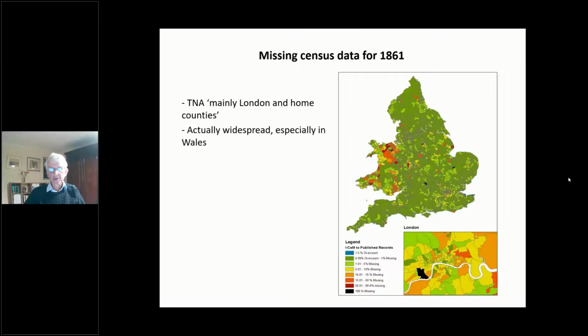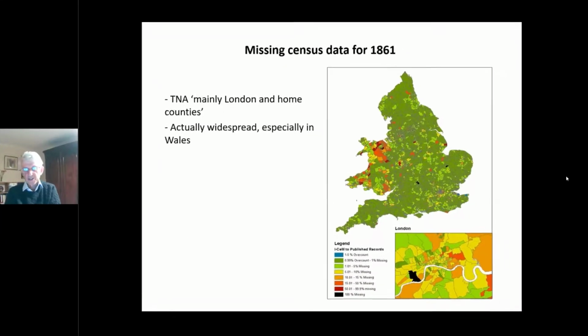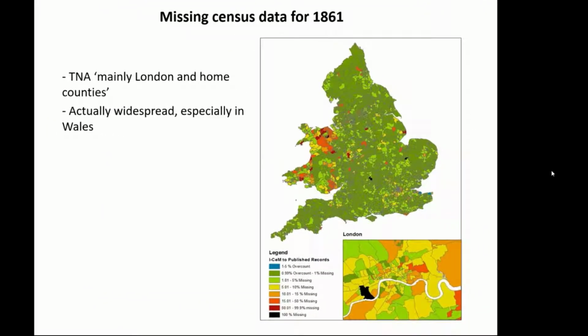This shows you a map of 1861 data, showing you where things are missing. Now, the National Archives say it's mainly in London and the home counties, and that's certainly a problem. But you can see from the map it's actually all over the place, and it has a particularly wide spread of areas in Wales, but also covers quite a lot of other important places, both larger towns and quite big rural districts.